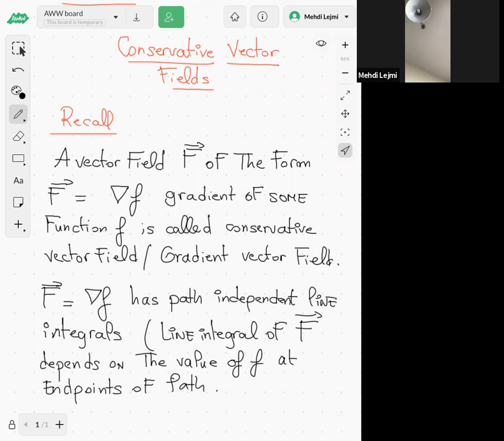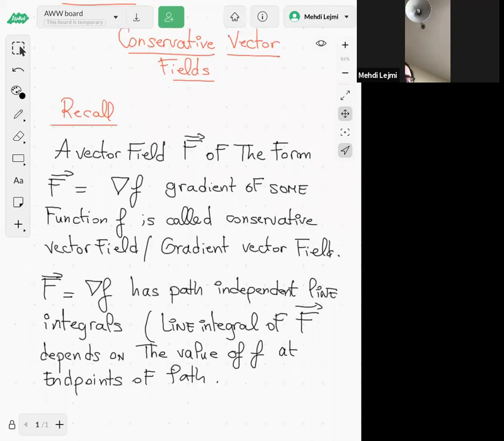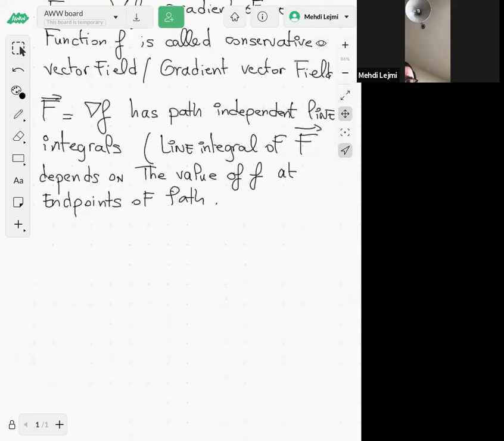So I think last Thursday, we tried to answer two questions about these conservative vector fields. The first question was, how can we determine whether a vector field is conservative, right? The second question was, assuming the vector field F is conservative, how can we find the potential function f, such that the vector field would be the gradient of f? So we had two main questions to answer.